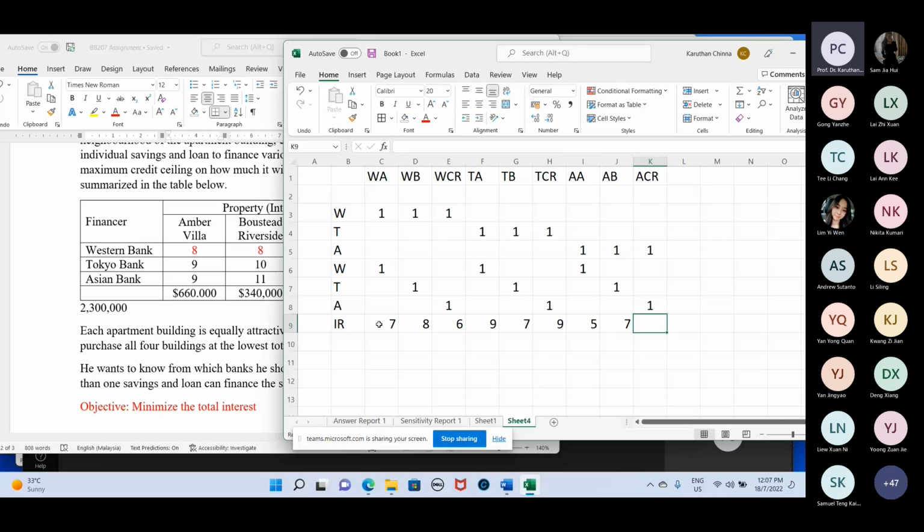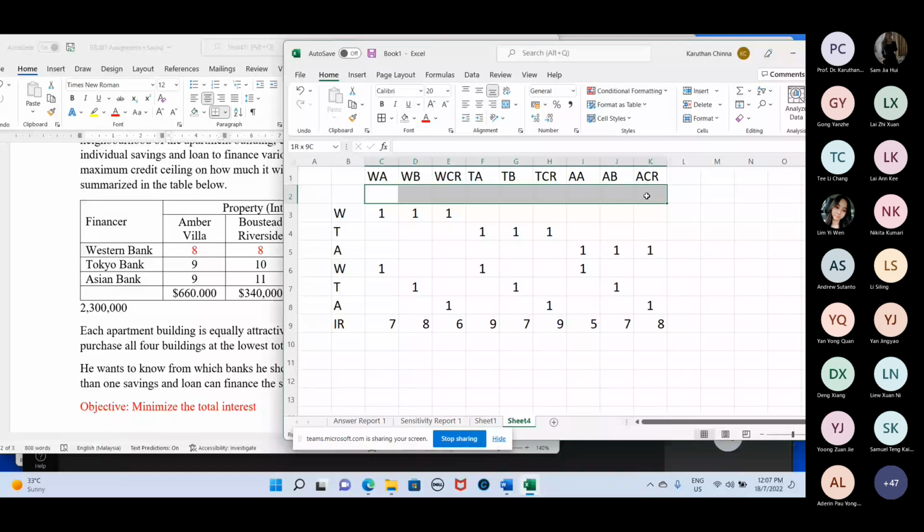Okay, that's part of the interest rate. My objective is whatever values are here, multiply this. The number here times the interest rate must be minimum. So it's a minimization problem.